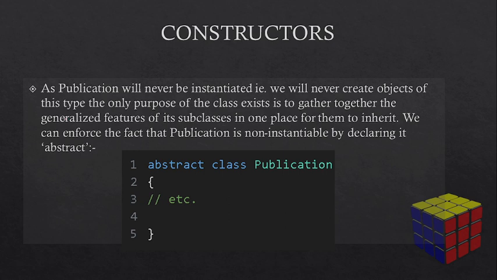When we say abstract, you can no longer create an instance. In your code, you cannot say publication1 equals new publication. That is not allowed. So using the keyword abstract on the class, you cannot instantiate it.